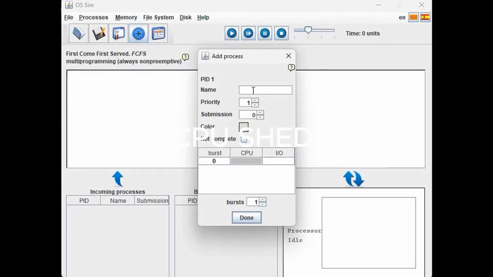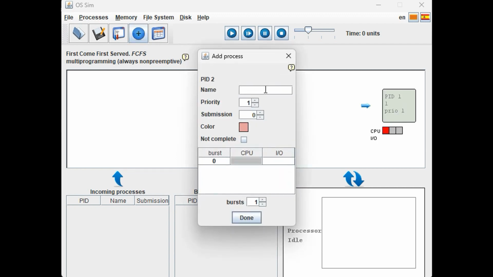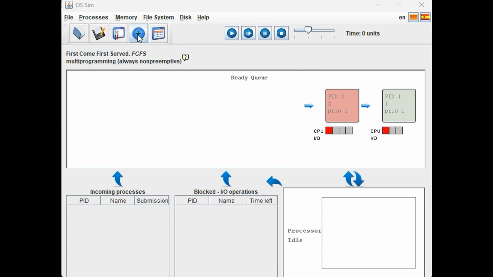In this video, I'm going to explain the FCFS CPU scheduling algorithm. The difference between FCFS CPU scheduling and FCFS disk scheduling is based on the disk, and the concept related to both is the same. In the FCFS CPU scheduling algorithm, first come first serve is one of the simplest scheduling algorithms in the operating system.